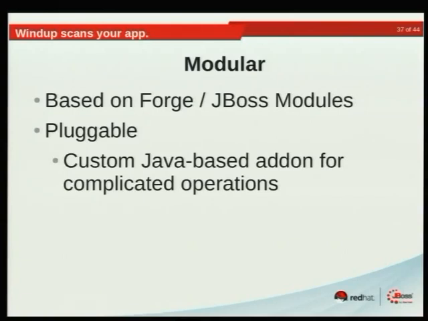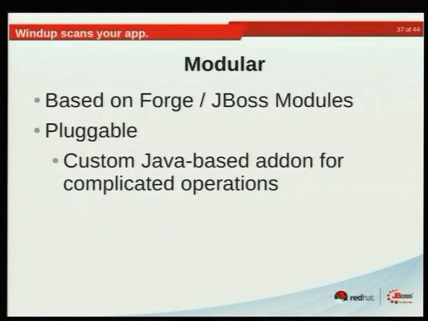Windup is modular. It's based on JBoss Forge or JBoss Modules, and it's pluggable. As I was talking about the Ruby integration, if you want to migrate your Ruby applications, you would do it as a new module. Simply, you don't need to change the source code of the Windup core.